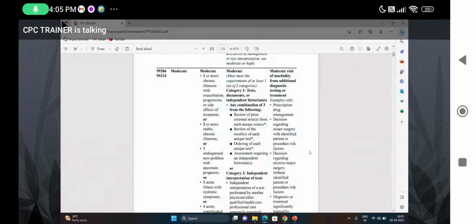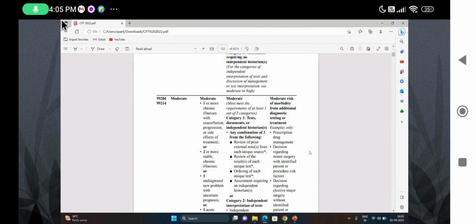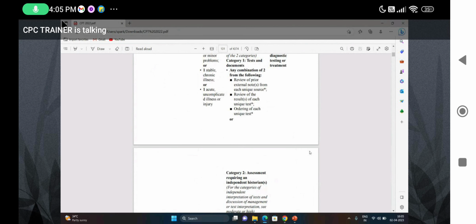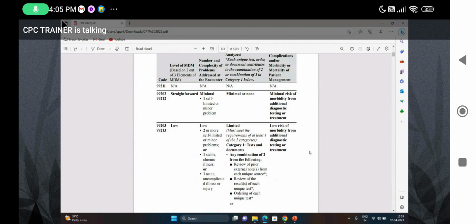And moderate level means prescription drug. Please note down, if a prescription drug is documented, you have to go for moderate.